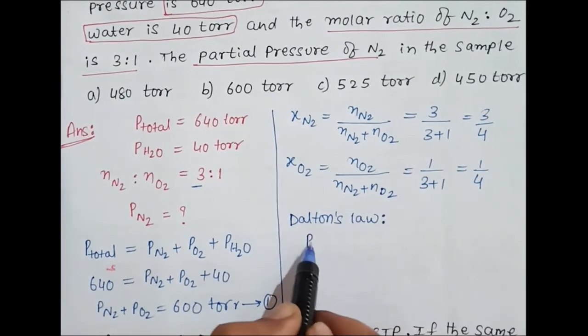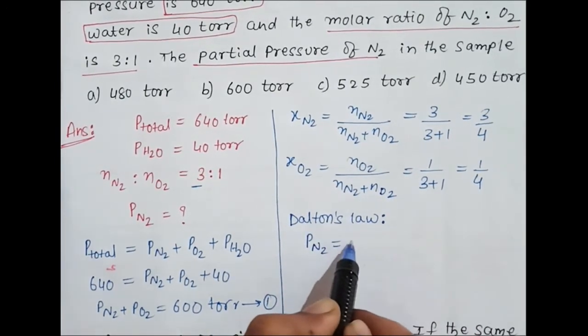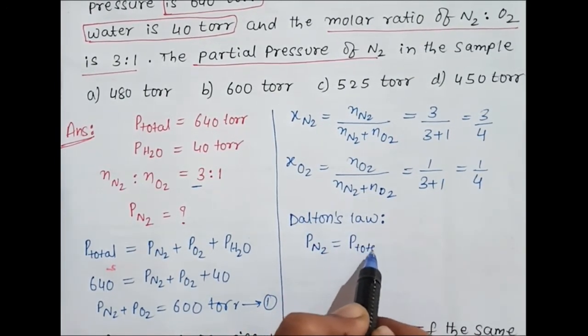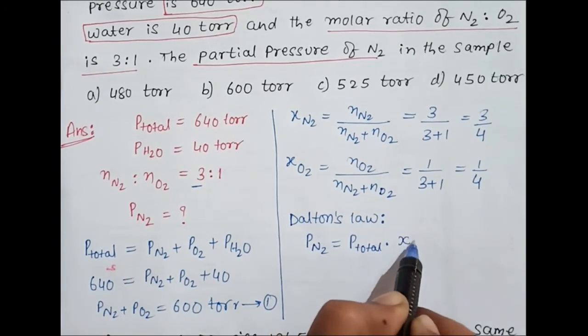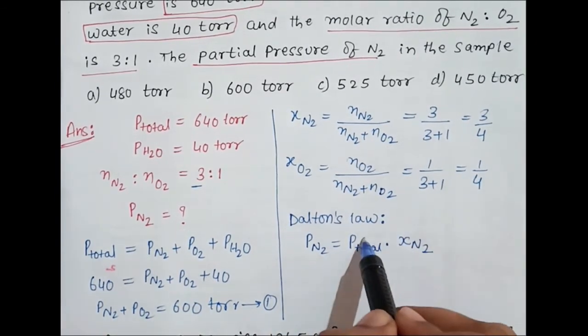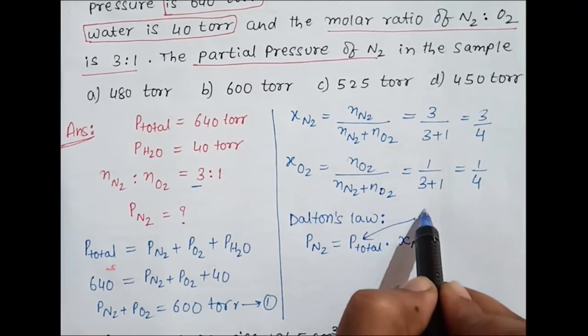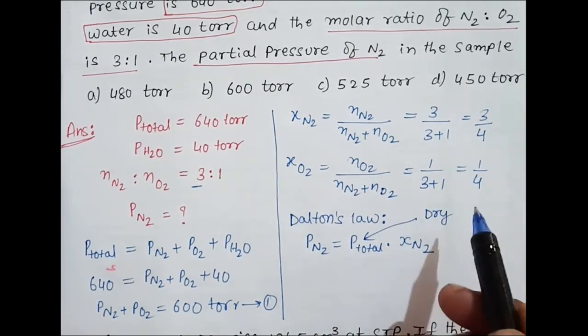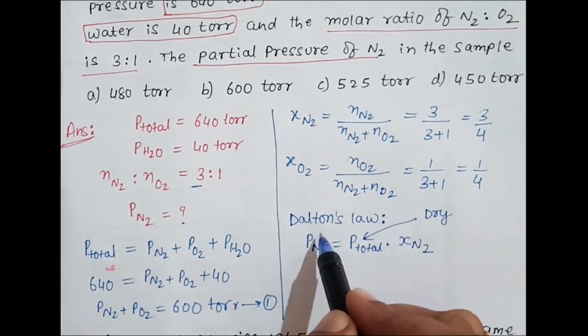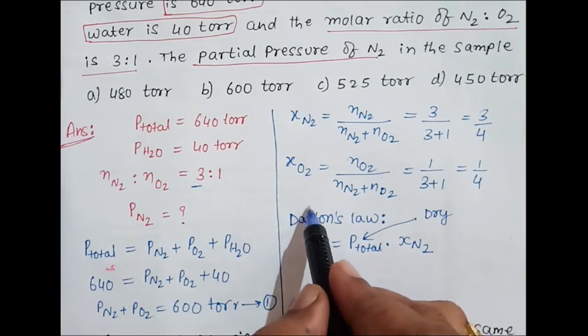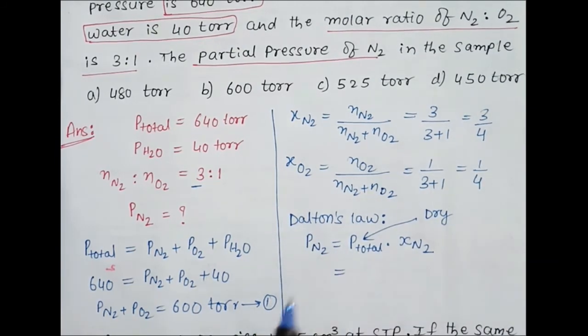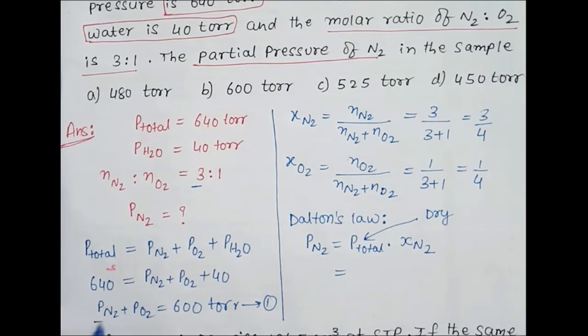Now according to Dalton's law, the partial pressure of any gas is equal to P total into mole fraction of that gas. But this P total is of dry gas. Then only you will get the partial pressure of dry N2 gas. So what is the P total of dry N2?